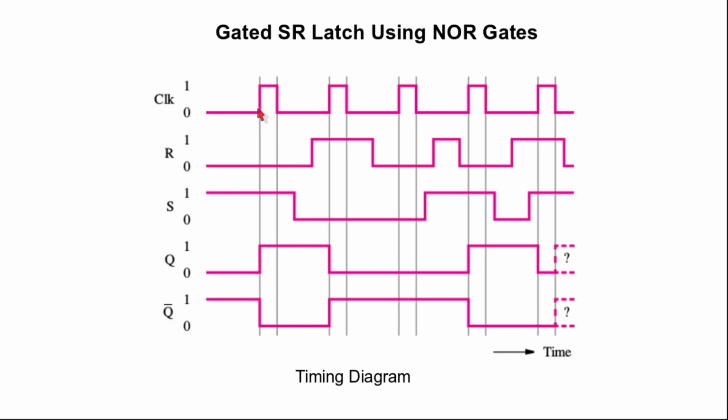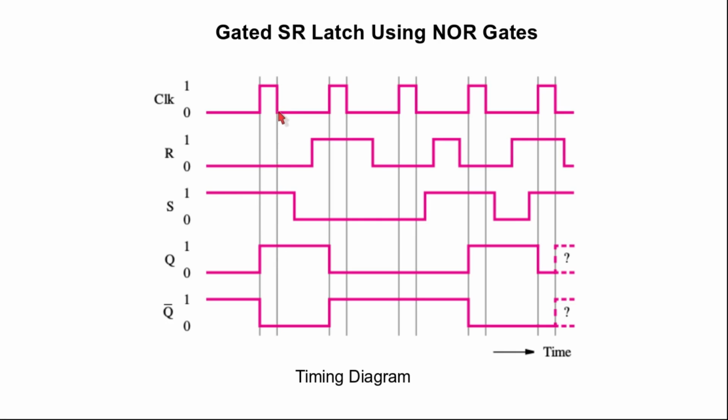So now at this time when the clock input is going to 1, your R input is 0, S input is 1, so the latch will go to the set state, which means Q output will become equal to 1. So Q output is changing to 1, which means Q prime is changing to 0.